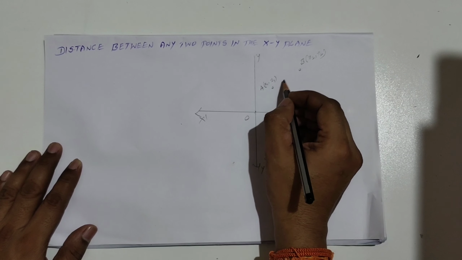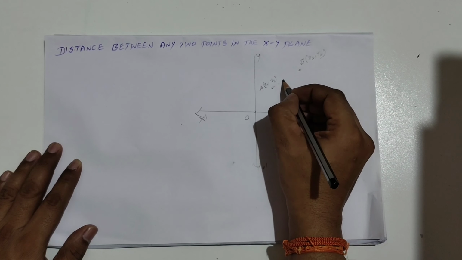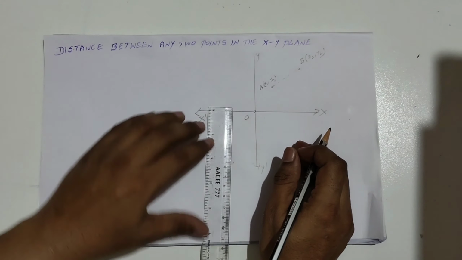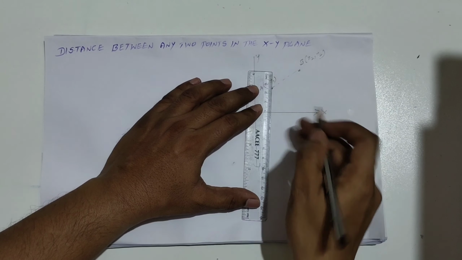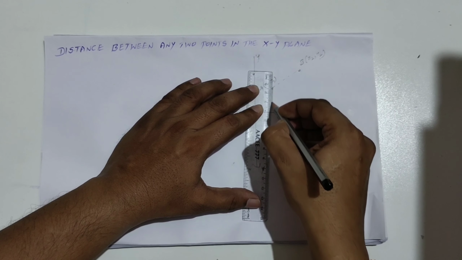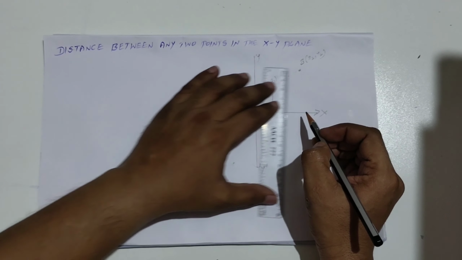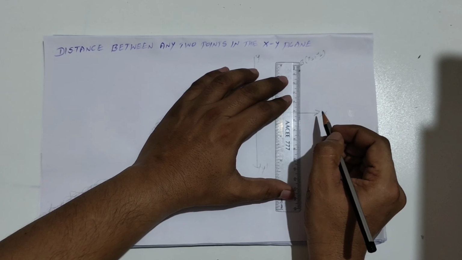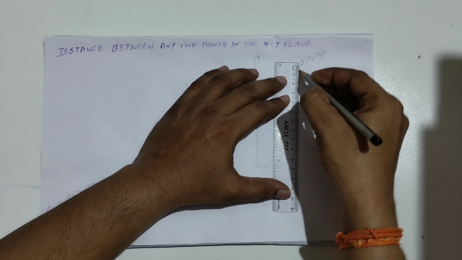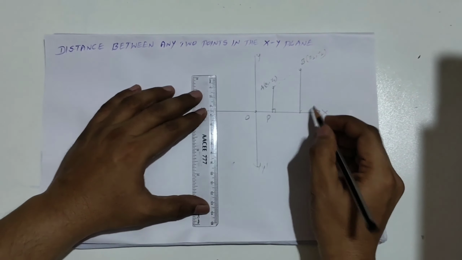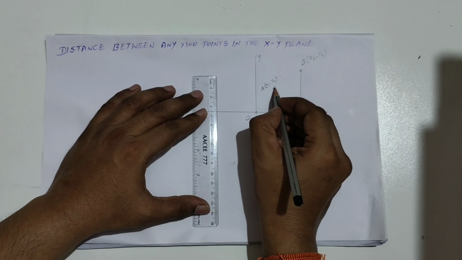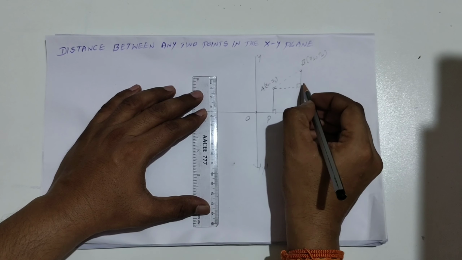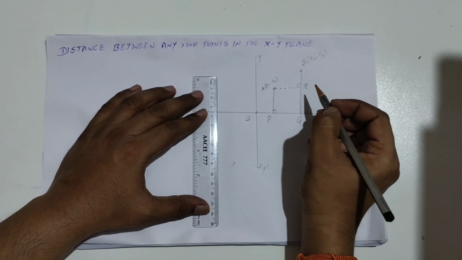Okay, so now the distance between these 2 points can be found out geometrically like this. Here we can draw a perpendicular line from A on x-axis, let it be P, and again draw one more line from B, let it be Q. Now again draw a perpendicular line from A to BQ, let it be R.